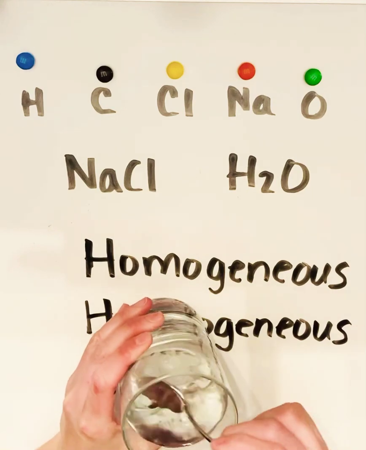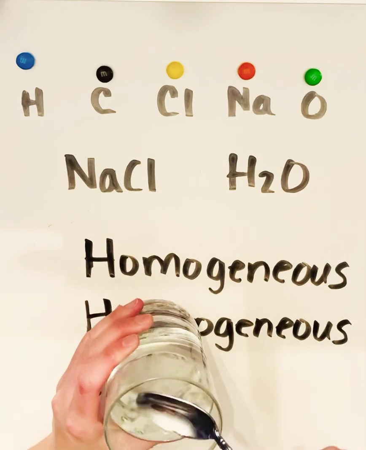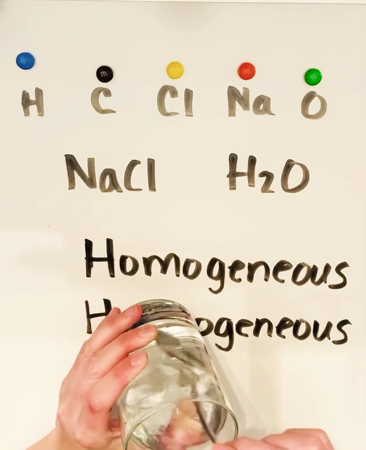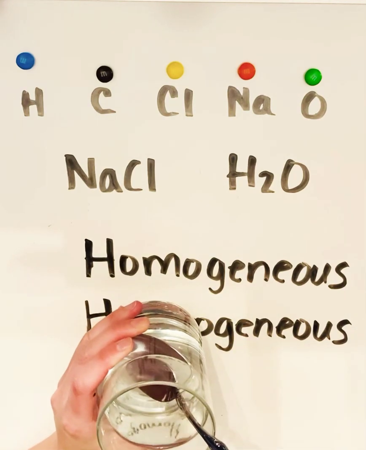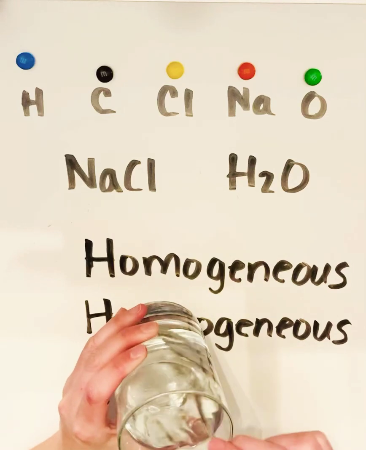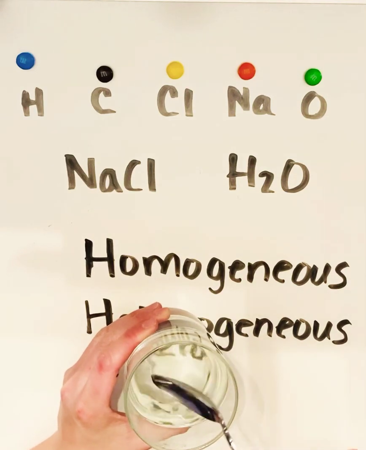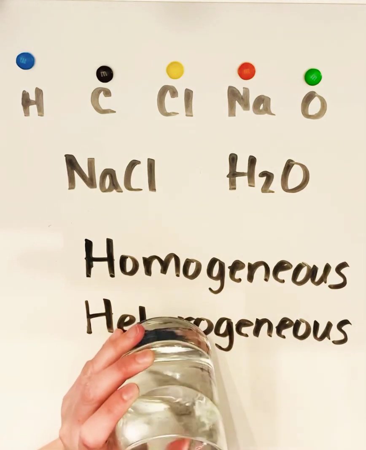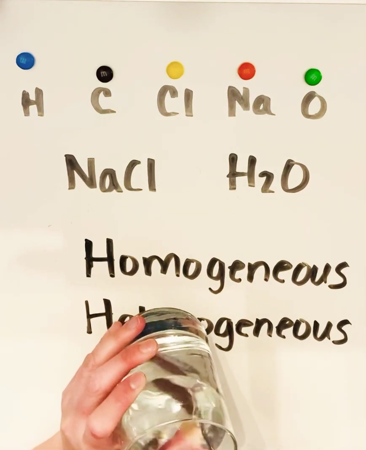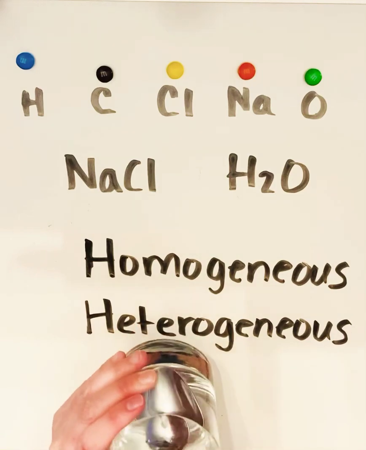If you've ever heard of homogenized milk, that's an example of a homogeneous mixture. It just means that all the parts, the fatty layer, the liquid layer, are all mixed together. So here, the salt is mixed in with the water, and you can't see the individual components. So if you can't readily see the individual components, you should know right away that this is a homogeneous mixture.